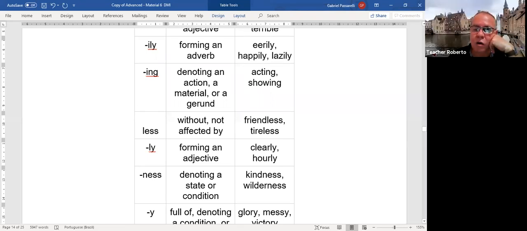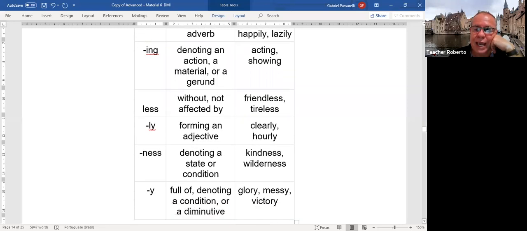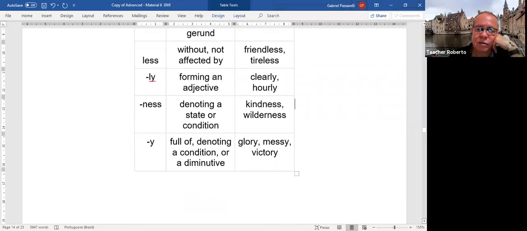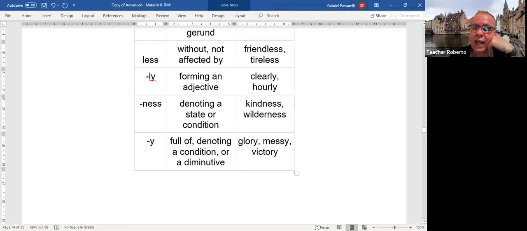When I add y to the end of a noun, usually I transform it into an adjective. Like if a room is a big mess, you can say it's messy. Like glory, glorious.